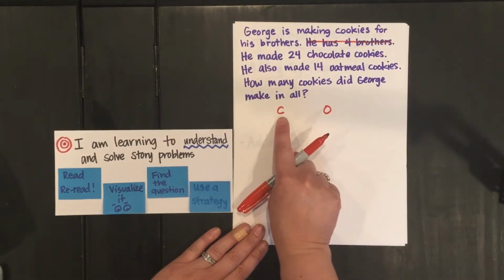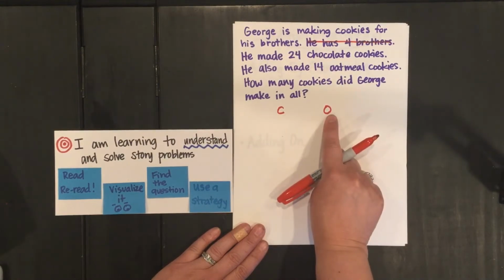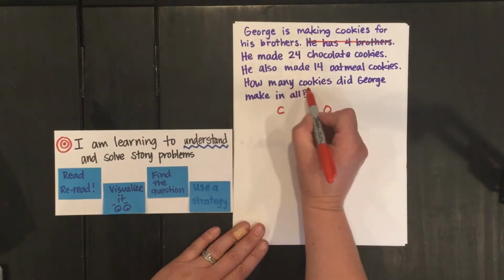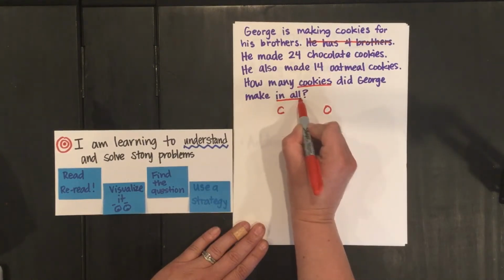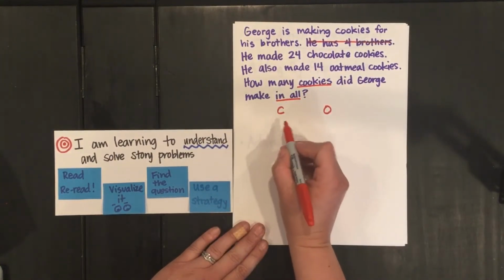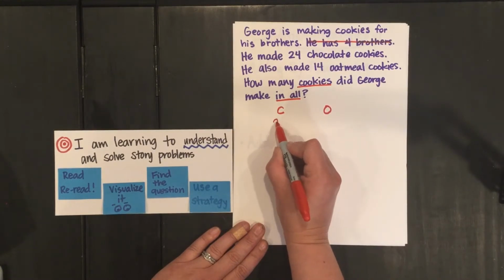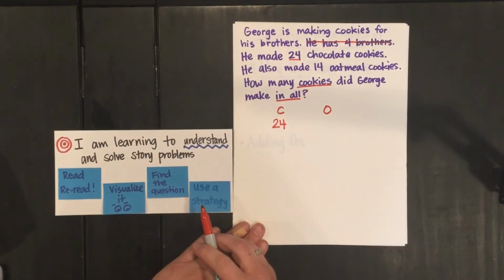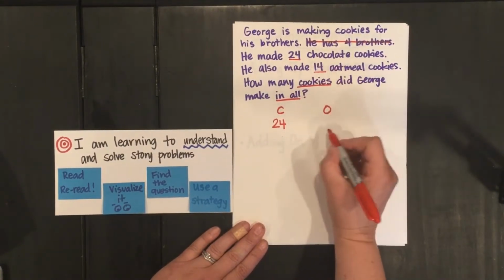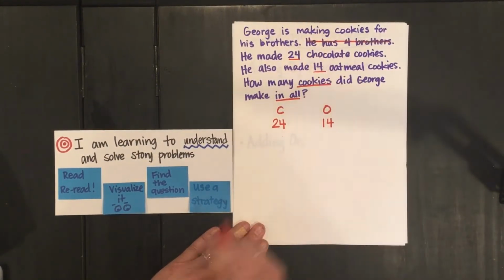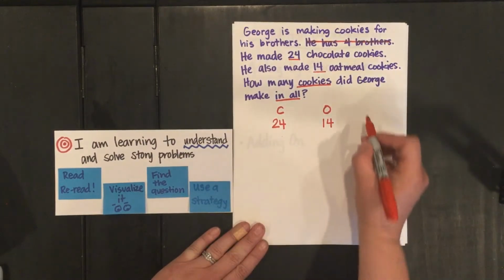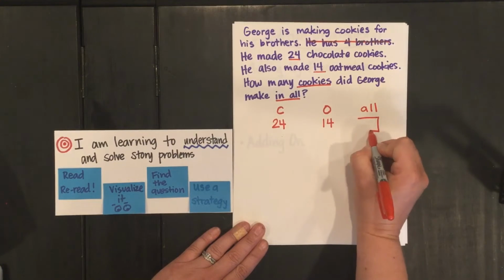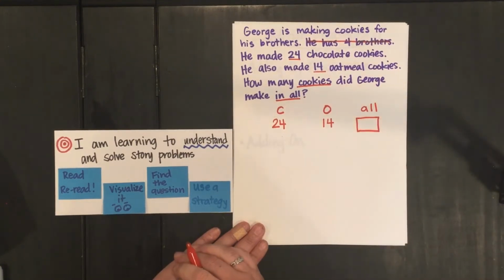Now, I do know he has some chocolate and he has some oatmeal, and the question, when I found it, is wondering how many cookies in all. So now I'm going to go back and I'm thinking, well, I know there are 24 chocolate cookies, and I also know there are 14 oatmeal cookies. What I don't know in the story is how many he has in all.